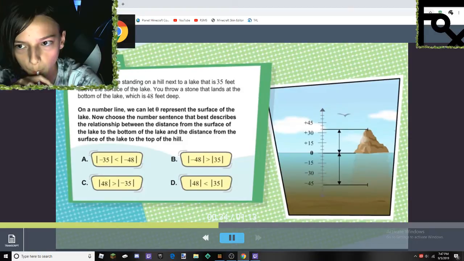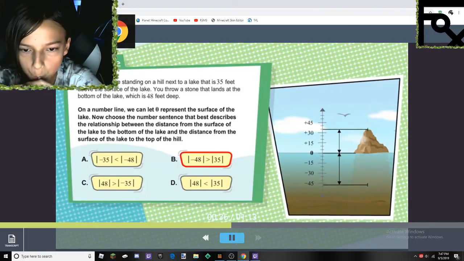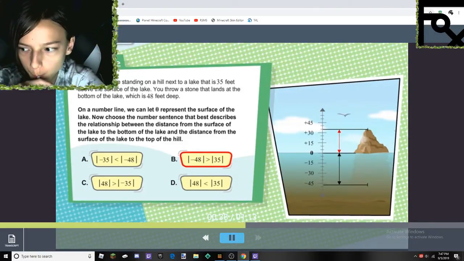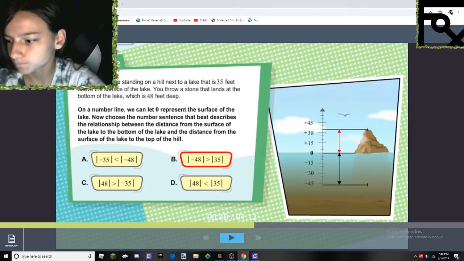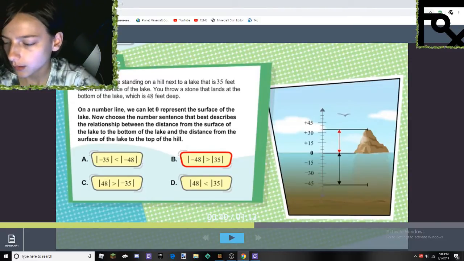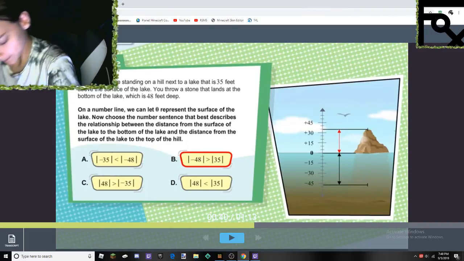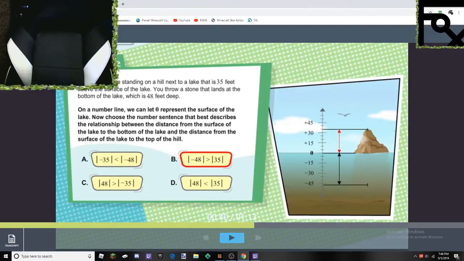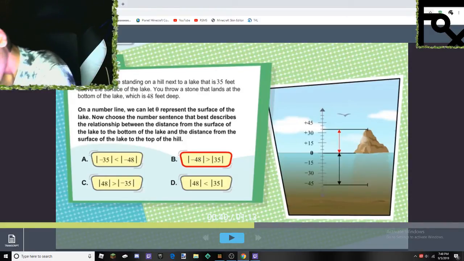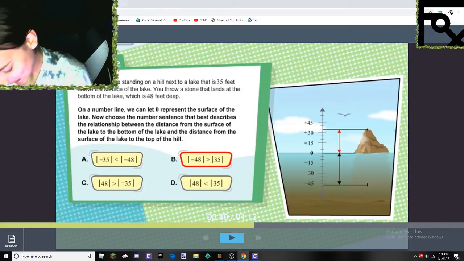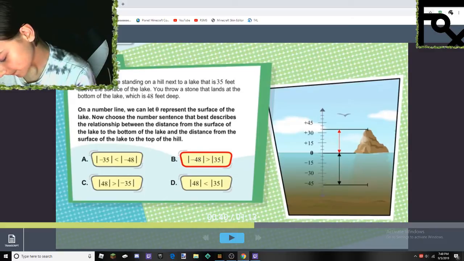Think about the answer. The answer is B. The distance from the surface of the lake to the top of the hill. What do you want, you hit the tree for half a second and I had to calculate. Like Minecraft, it's an RSMS stream.